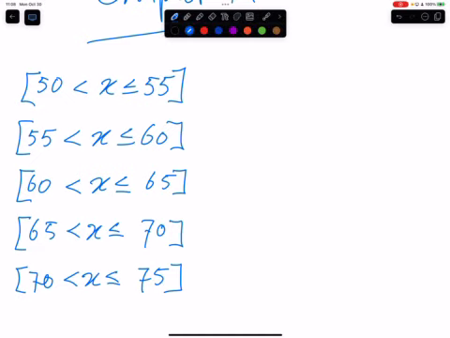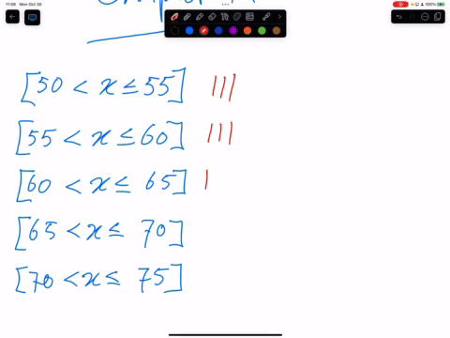First step. Between 50 and 55: 1, 2, 3. 55 and 60: 1, 2, also 3. 60 and 65, 65 included, yes.